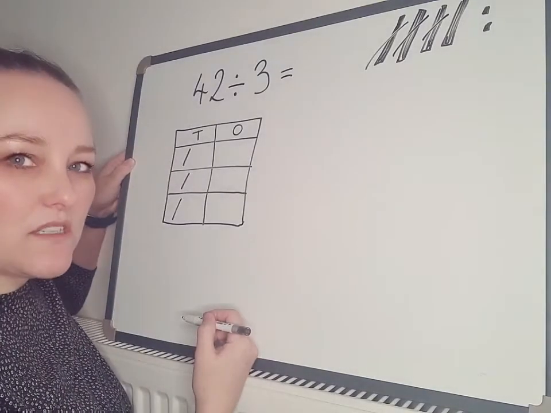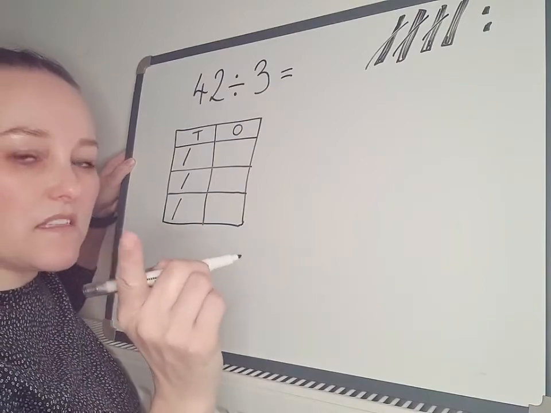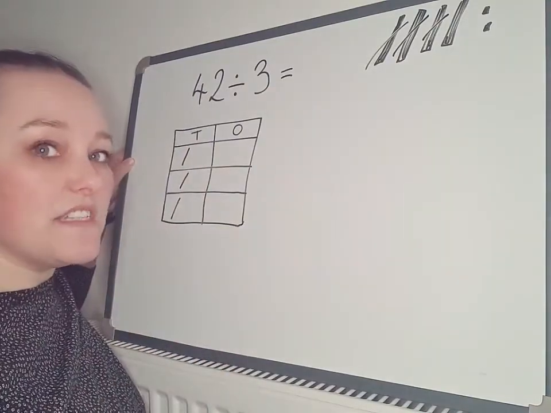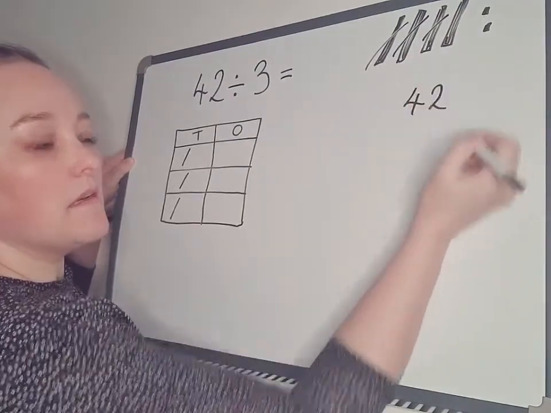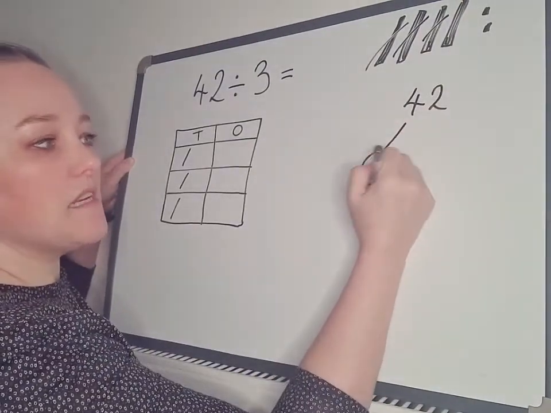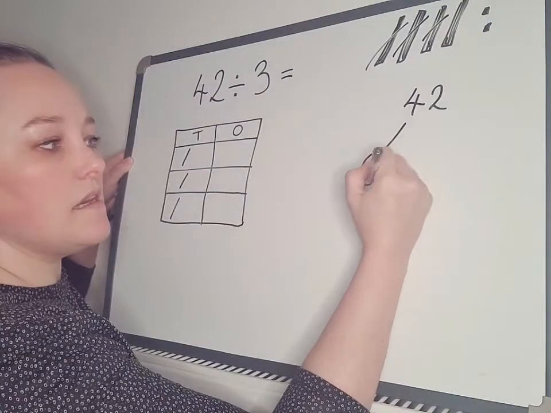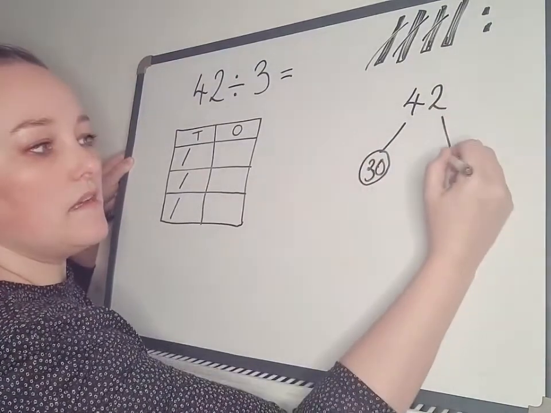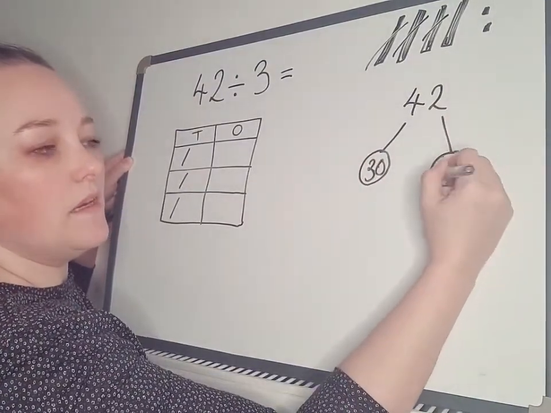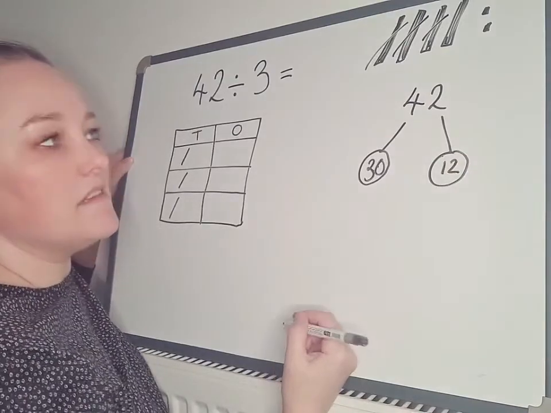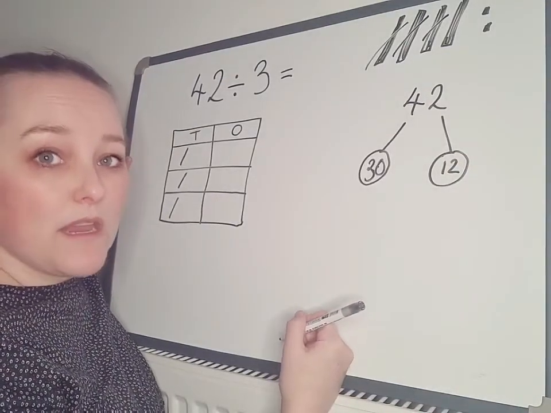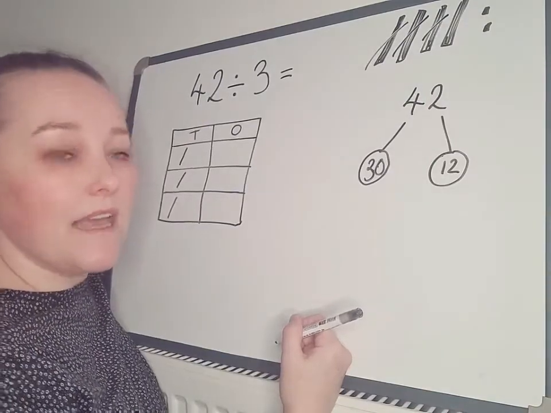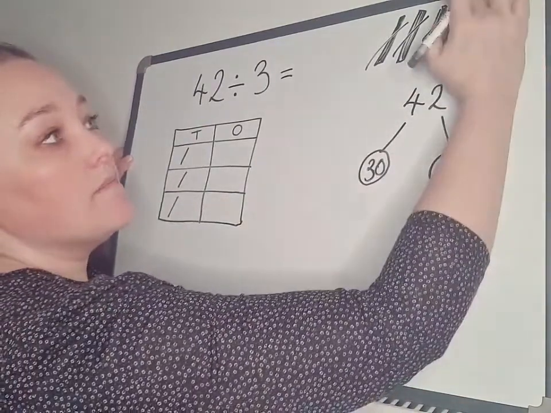Ah, now you've already told me though that a couple of seconds ago on the video, you were telling me that 42 can also be partitioned into 30 and 12. Okay, so like we've done for addition and subtraction, where we've organised our base 10, we could do the same here.